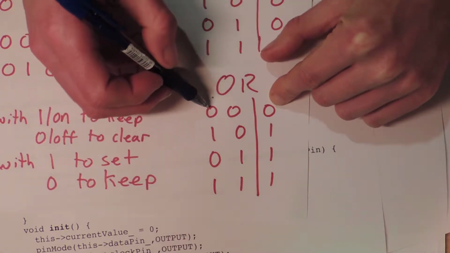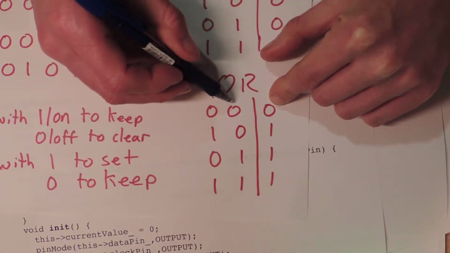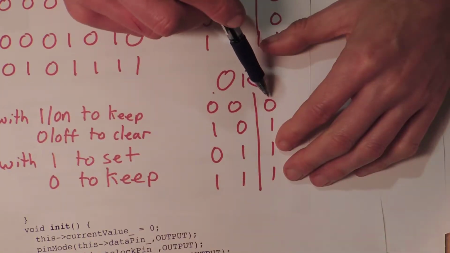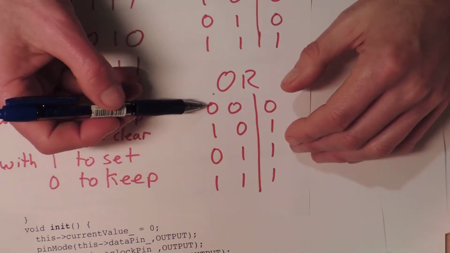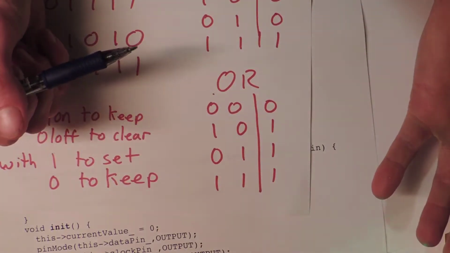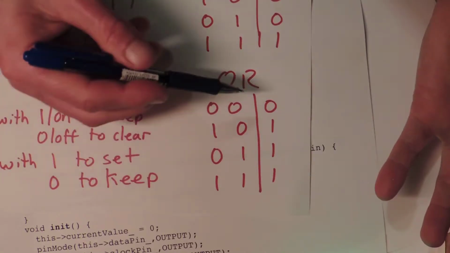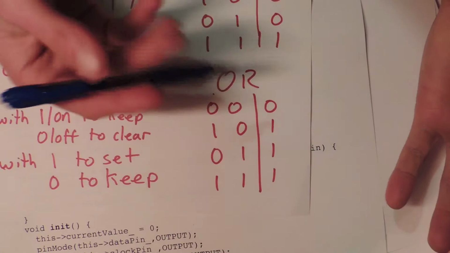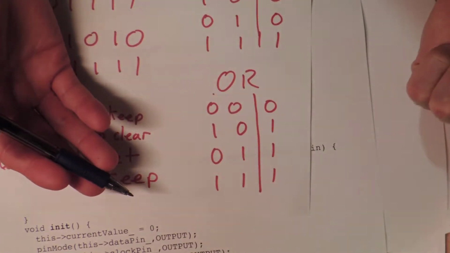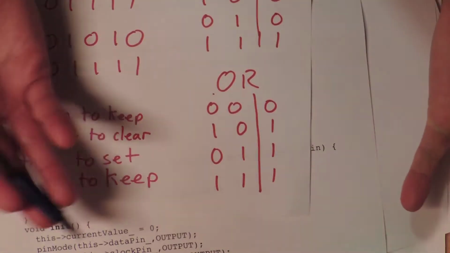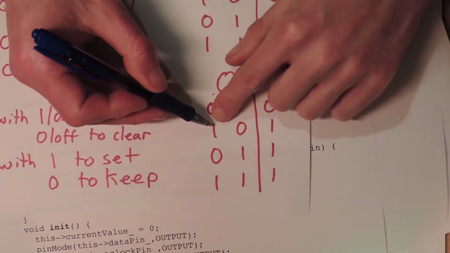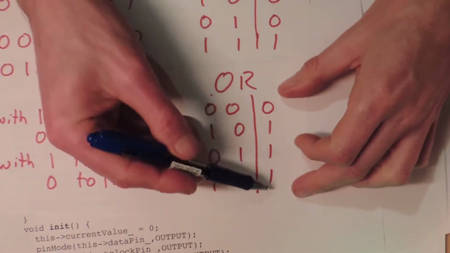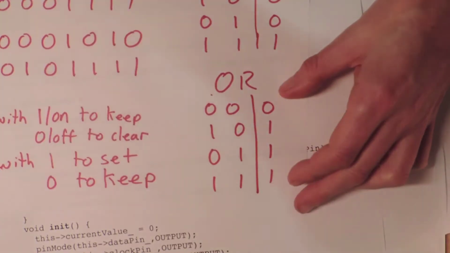Imagine I say this object is green or round. If that object was neither green nor round, that would be a false statement. But if it was either green or round, or both green and round, then that statement is true. So that's kind of how that works.